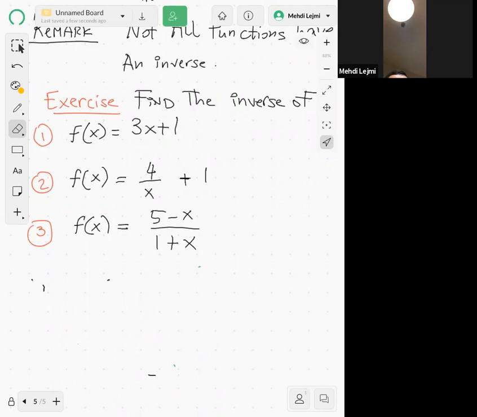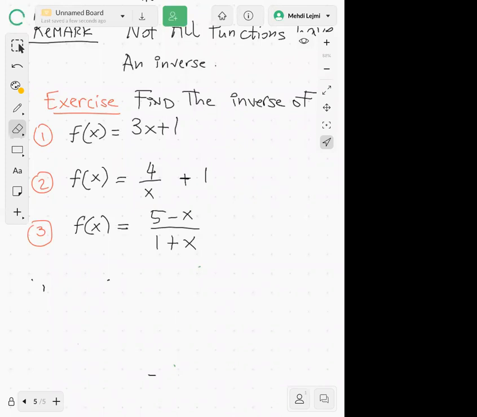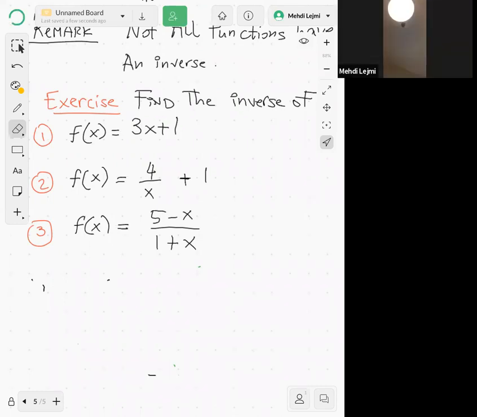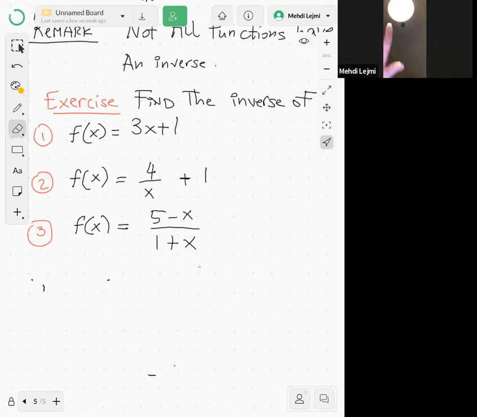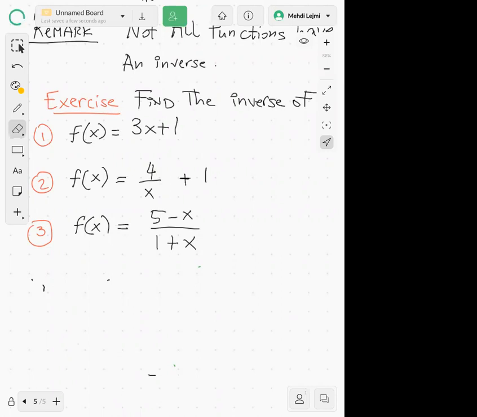No, wait. You mean 4 divided by x minus 1, the whole thing minus... Oh, okay. Yeah, I think you're correct. I thought it was just 4 over x. But yes, you're correct. Very good, thank you.